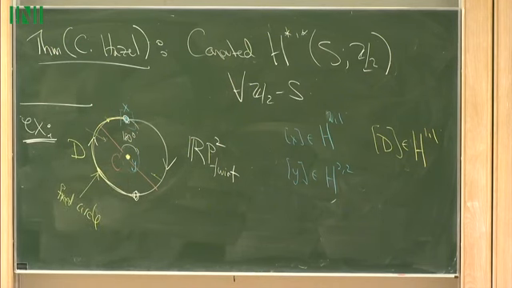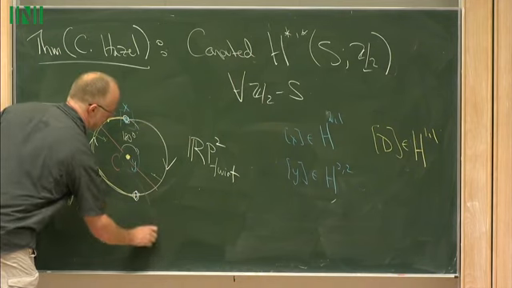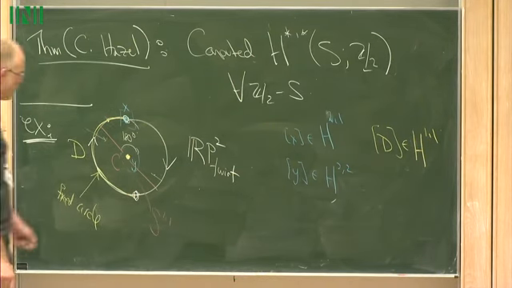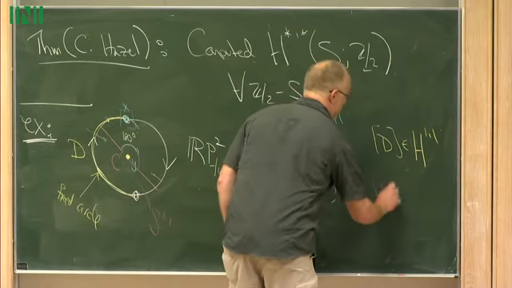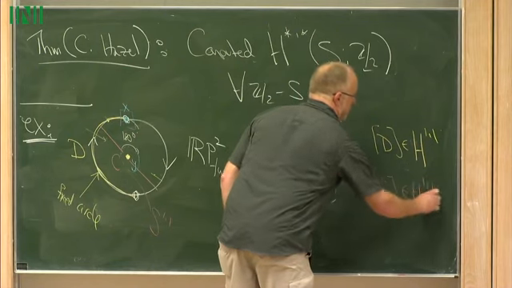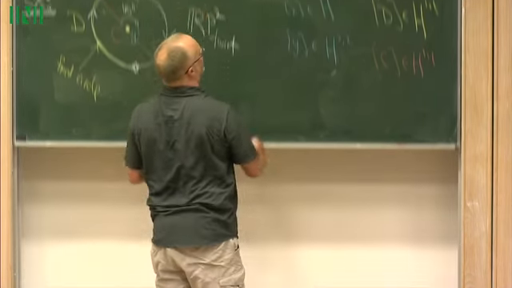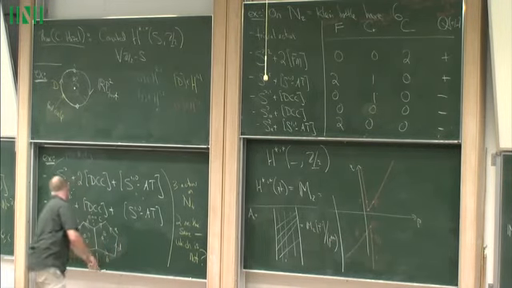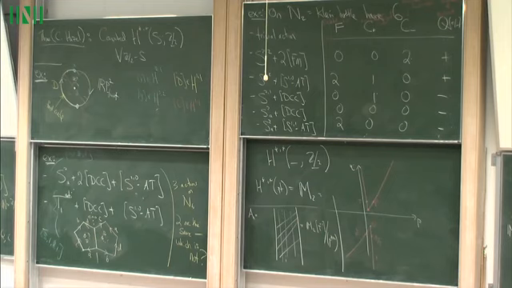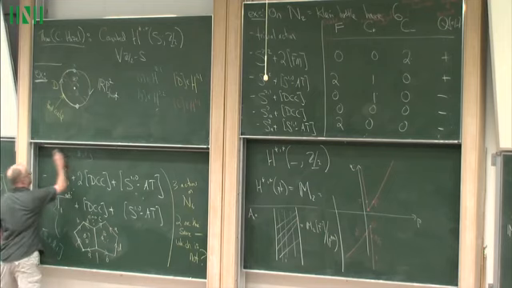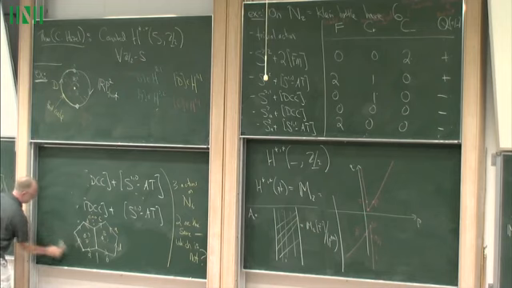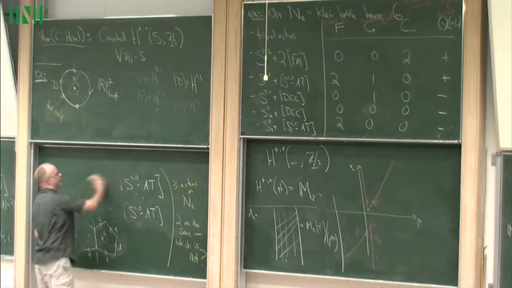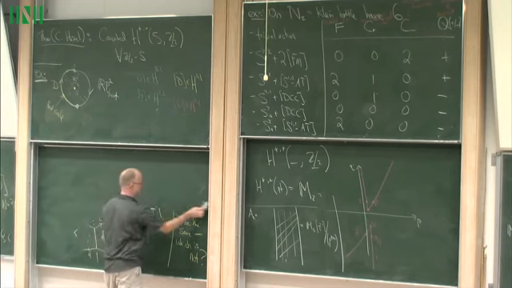Sorry, the individual points are not fixed, but the circle itself is invariant under the Z2 action. This is a copy of S^(1,1). So I also have C in H^(1,1). So you immediately write down all of that stuff. Intersection theory in the transversal case works exactly the same as you're used to.